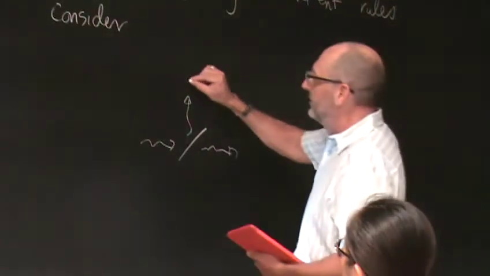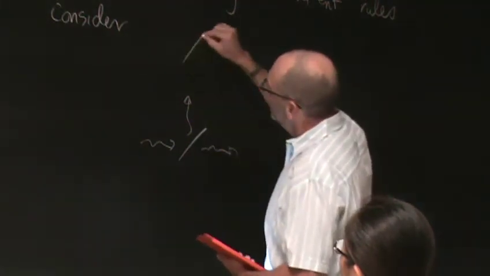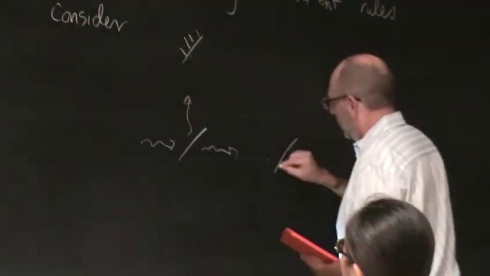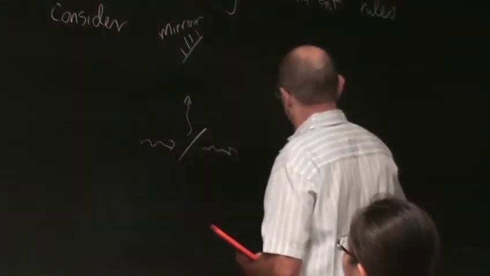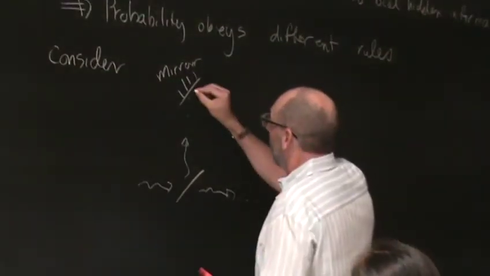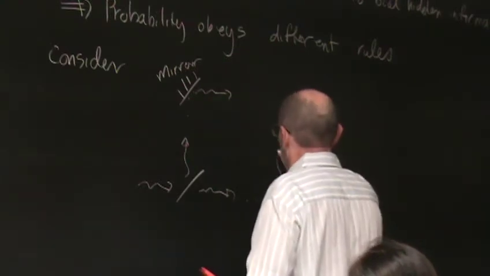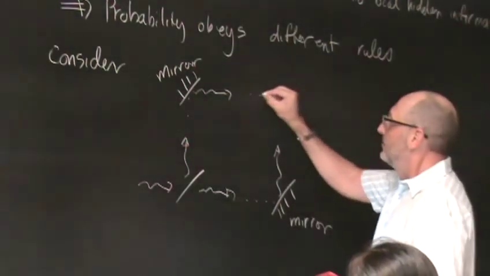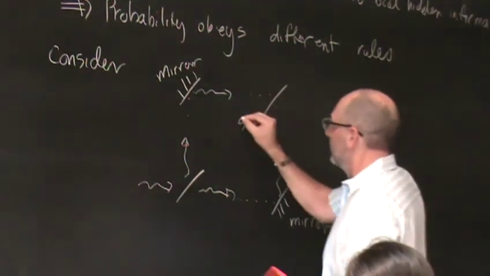But suppose now we set things up so that we take these two possible trajectories that the photon goes and we put in mirrors here. And so now this mirror reflects these, and they come back to this point. And at this point, I put another 50-50 beam splitter.